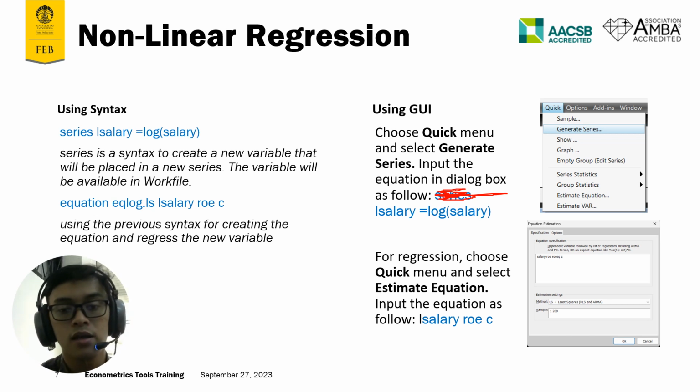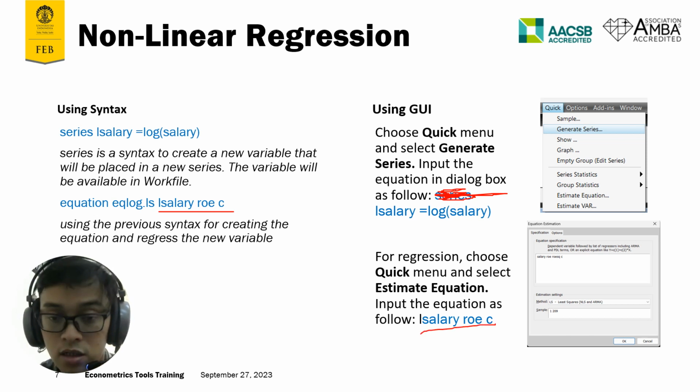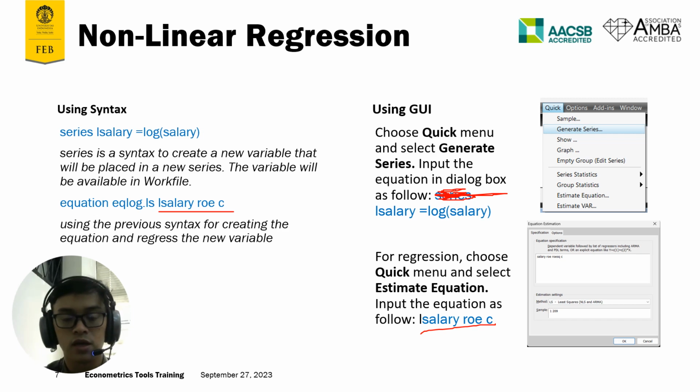And then you can do a regression: this equation can be regressed by using quick and then estimate equation. You write L salary, ROA and C in the dialog box of the estimate equation.